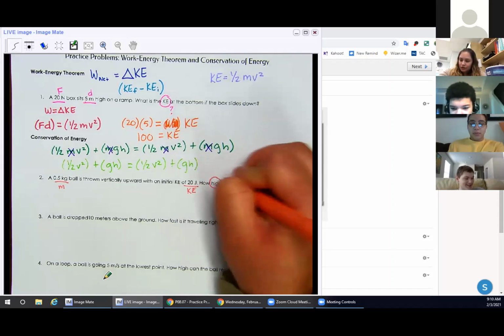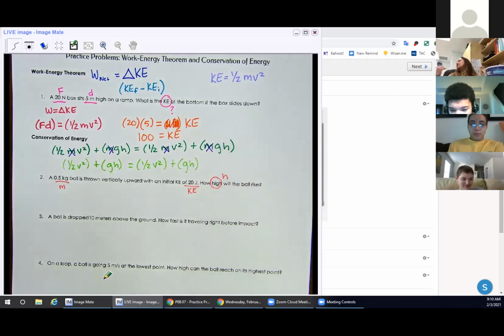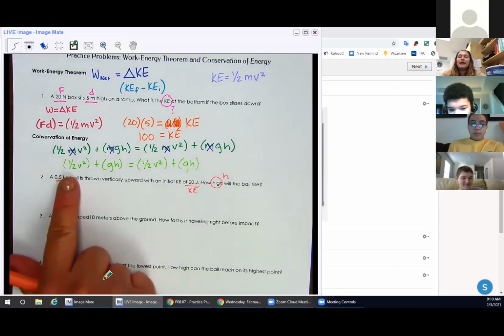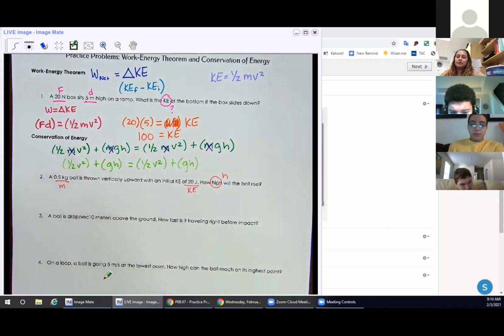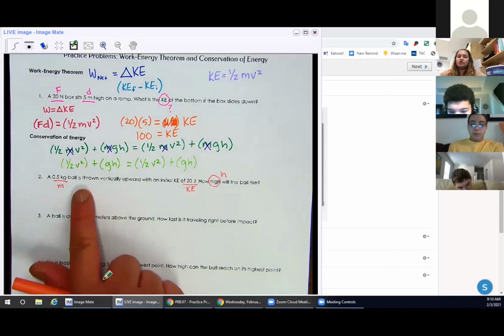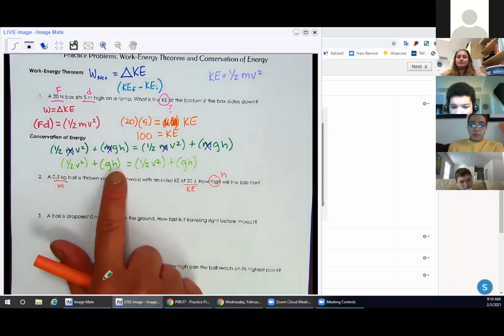All right, so this is an even more simplified version than the formula we have, because we know 1/2 mv squared is KE, right? It's thrown upward. So do we have an initial height? No, we shouldn't have an initial height.